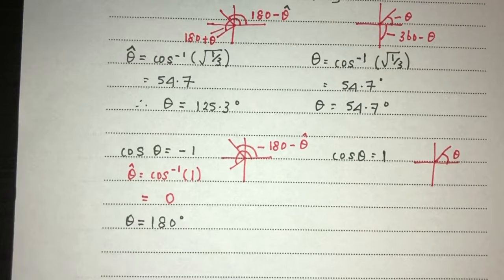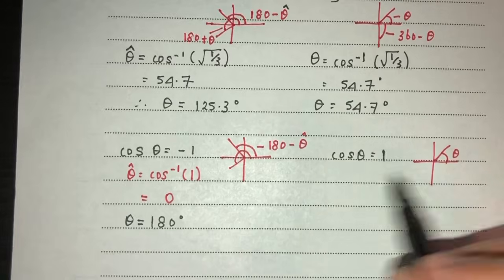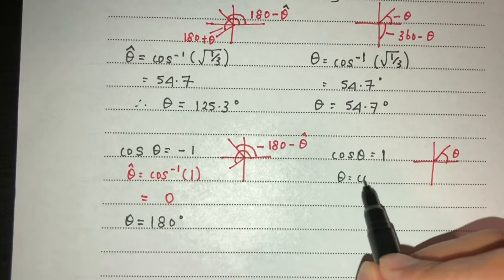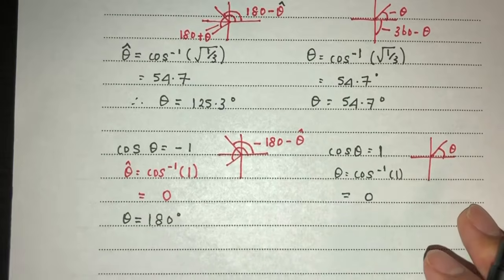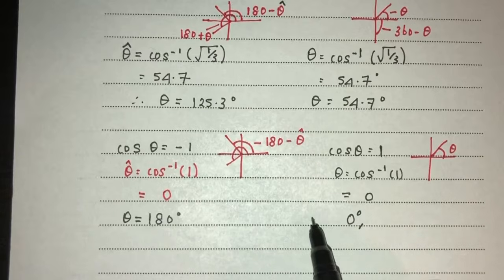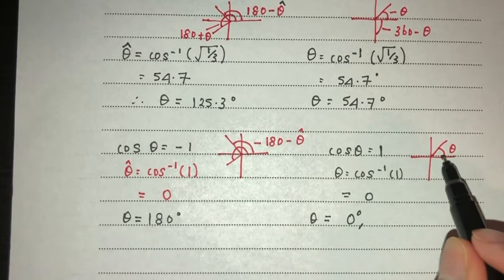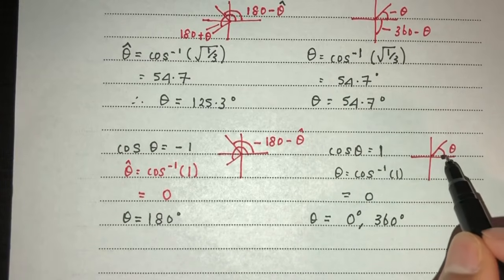So let's find out. So theta will be cos inverse of 1 again. That should be 0. So your answer will be angle 0, which is this one, but also 0 is right here, but also 360. Why? Because if you do a complete revolution, you will come down to the same value.